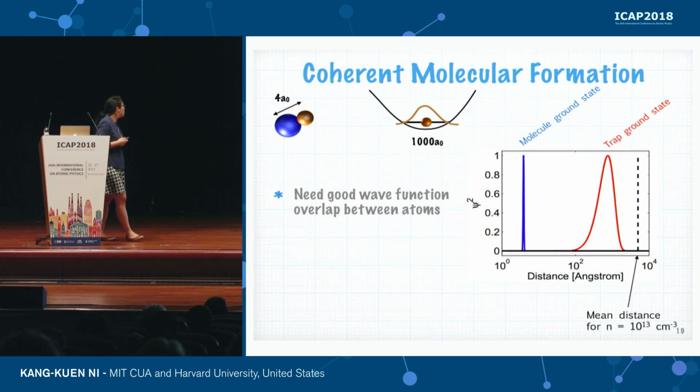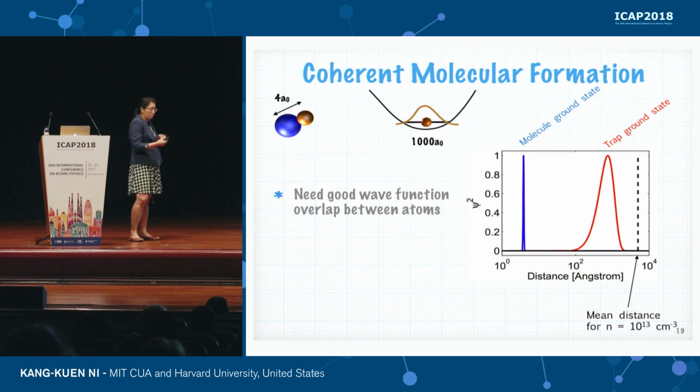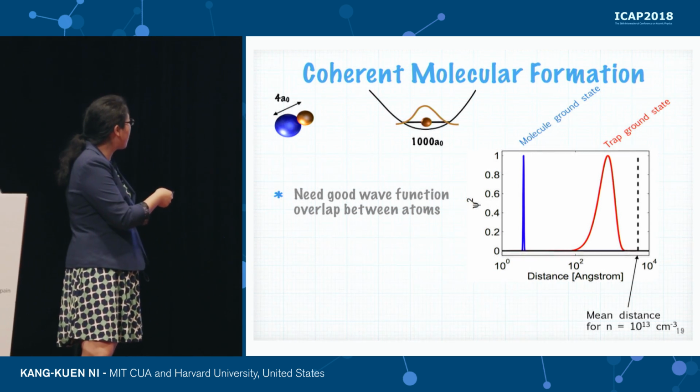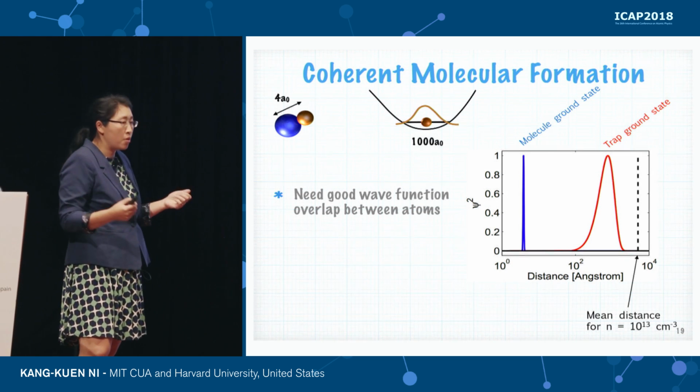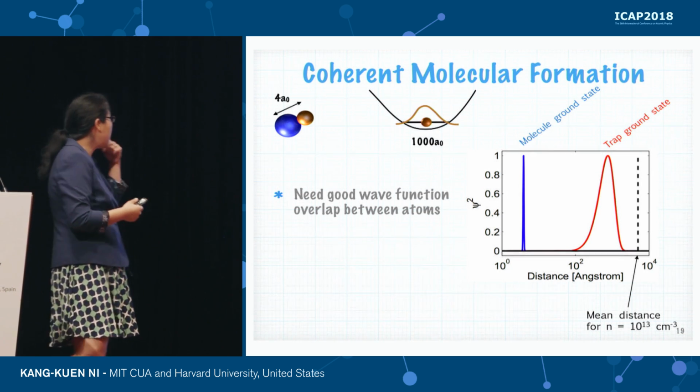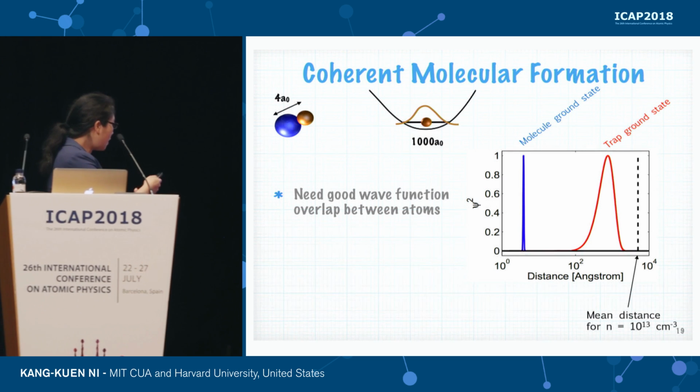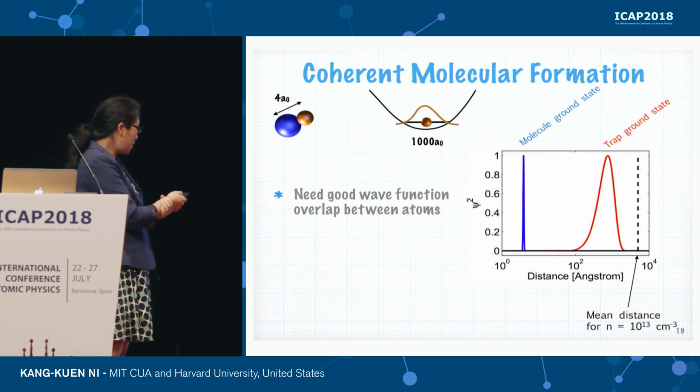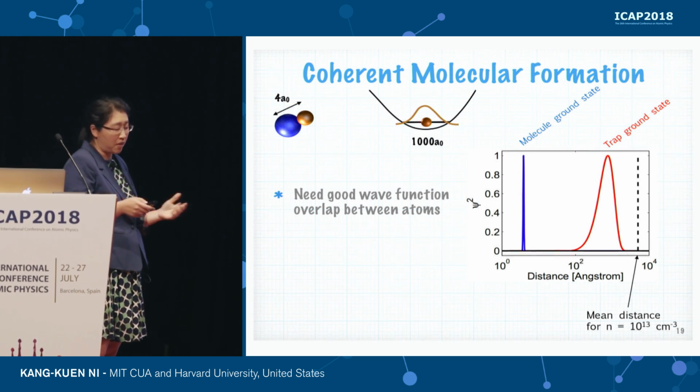Okay, so onto coherent molecular formation. We have now prepared 2 different individual atoms in their trapped ground state. To make a molecule, maybe this is a better picture, in the motional ground state, we need to bring them much, much closer. And in that case, you can see that the wave function mismatch is very, very large.